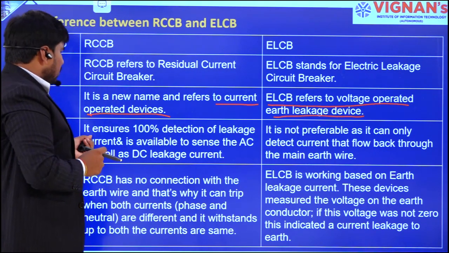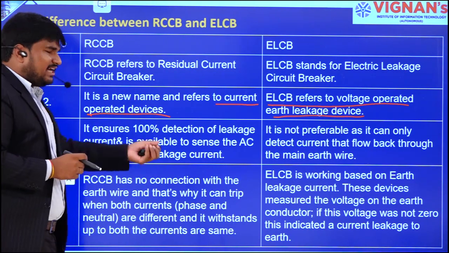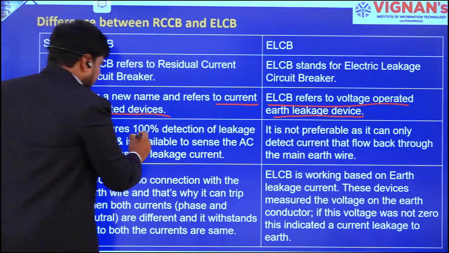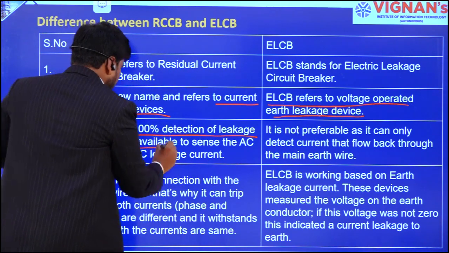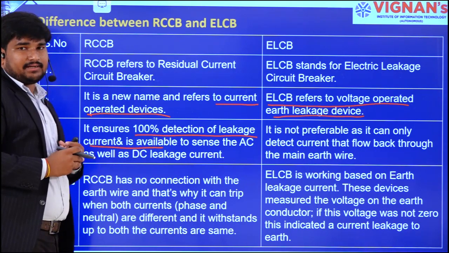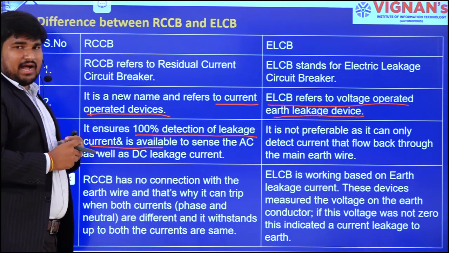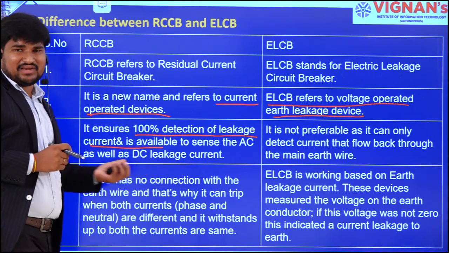Right. So in case of RCCB, it ensures 100% detection of leakage current, and it is able to sense AC as well as DC current. In case of RCCB, we can sense AC as well as DC.